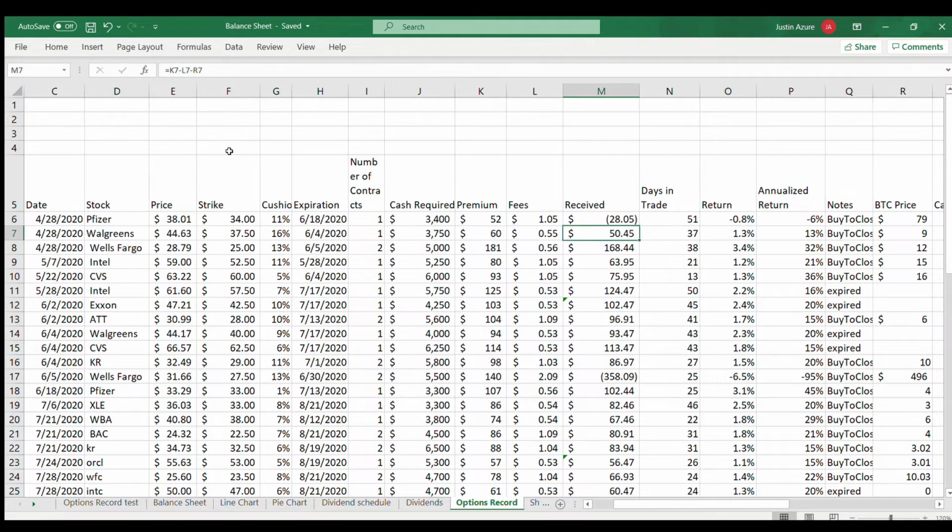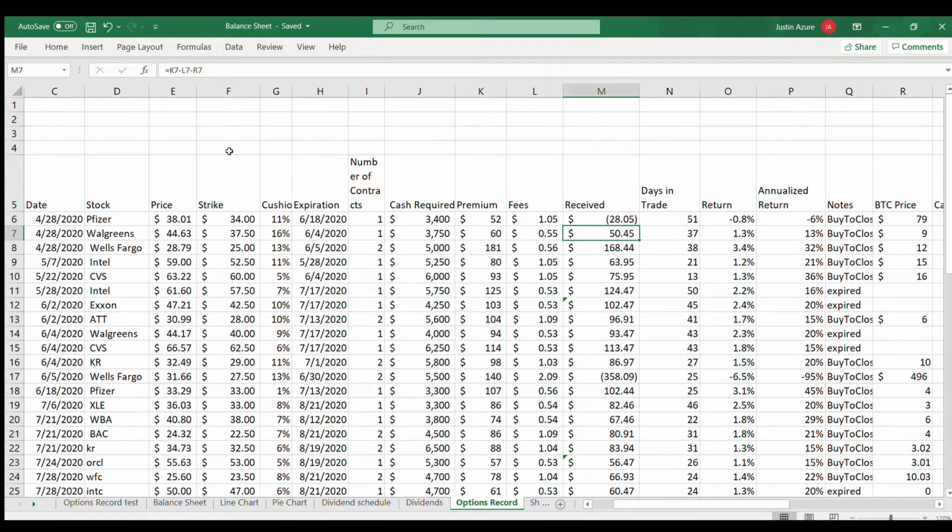And then we'll have the money received, subtract that $9. So if we just look here at first, premium, subtract fees, that'd be $59.45. And then after I buy to close, that gets calculated into my received, so $50.45.